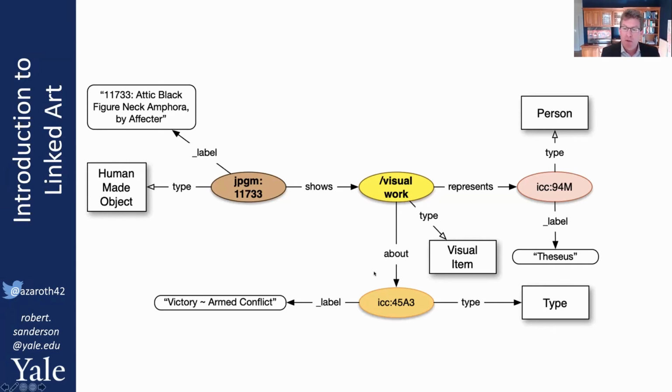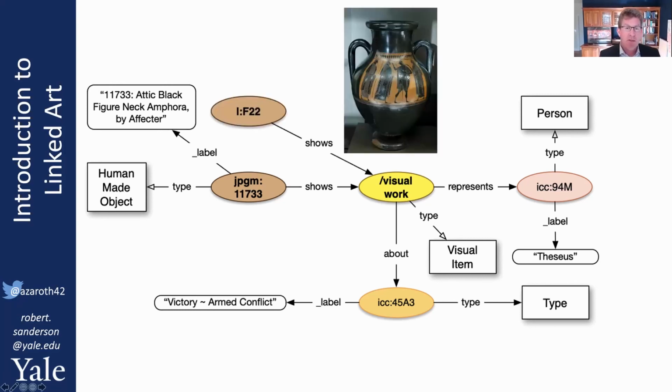So now that we've cataloged and described the visual content that the object shows, it happens that there is also a copy of this in the Louvre, which has the accession number F22. So instead of both organizations, the Getty and the Louvre, having to fully describe their objects and then somehow link them together, the Louvre could simply say that it shows exactly the same visual work as the copy of the Amphora at the Getty.